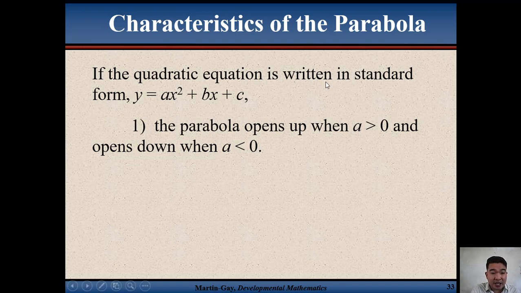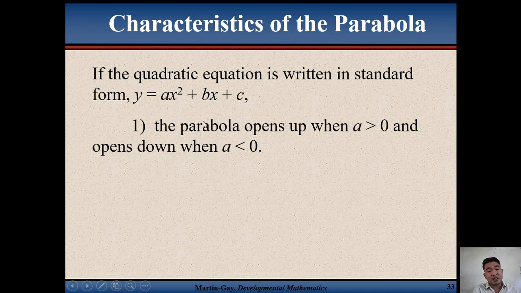Meaning, if a is positive, then the parabola opens up. So the opening of the parabola is upward. If a is less than 0, meaning a is negative, then the parabola opens down like this.